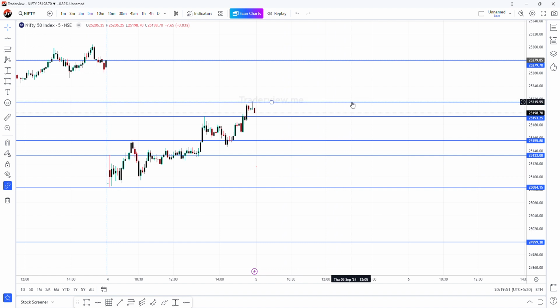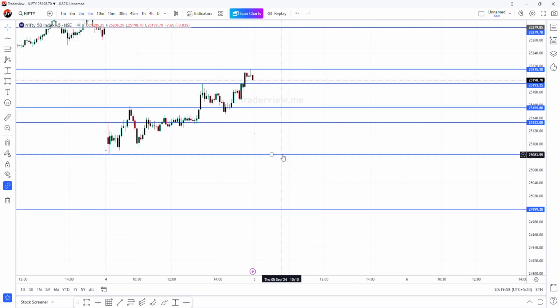Again, my target will be around 25,215. Fine. In case there is a gap down opening and it starts trading towards the downward direction, here I will wait for the first 5 minute candle, place the high as a stop loss, take trades towards the downward direction, and strictly trail my stop losses.